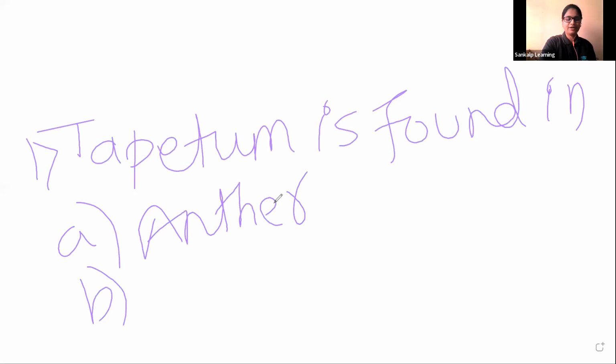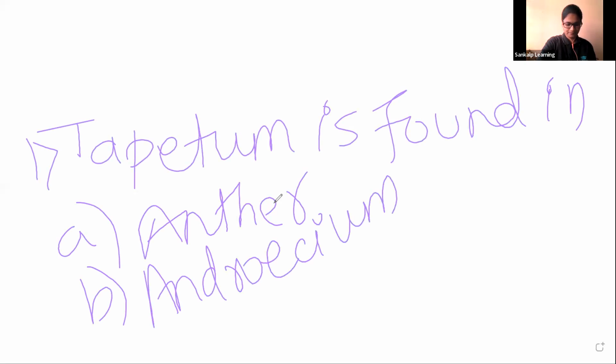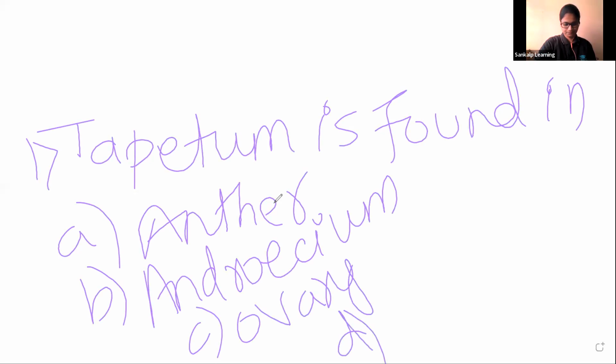Option B, androecium. Option C, ovary. Option D, ovule. The tapetum is found in anther, androecium, ovary, and ovule. This is the first question. Did you write, Jyoti?